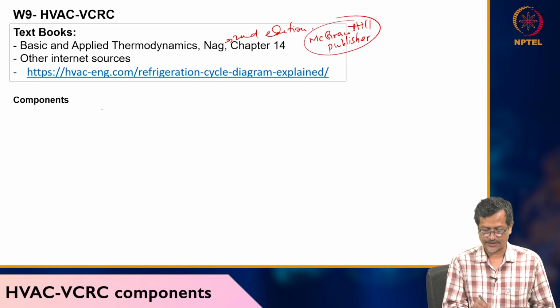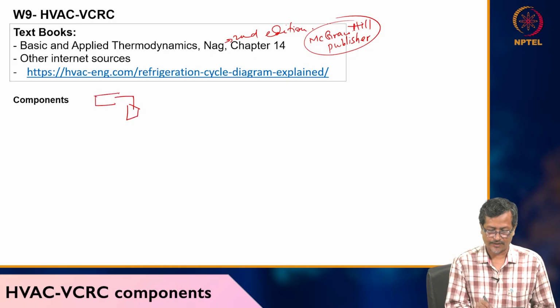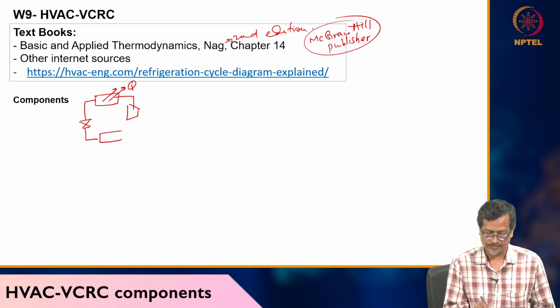So in the refrigeration cycle, you have seen the components like the compressor, then you have the condenser, which releases heat, then you will have one throttle valve, then you have the evaporator.